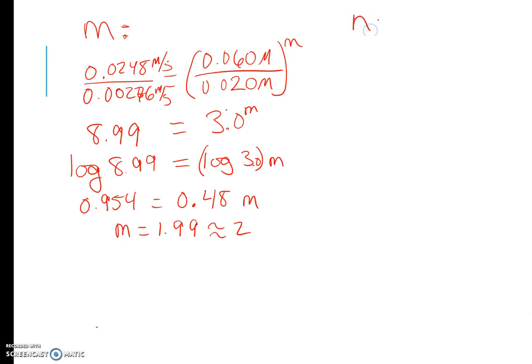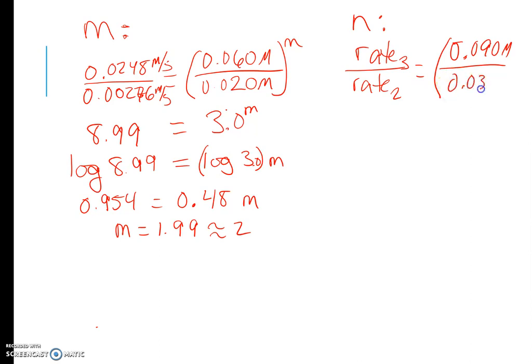For the n, we're going to do a similar technique, rate over rate. Now we're going to look at rate 3 over rate 2, because the bigger number is on top. And all of that is raised to the n value.